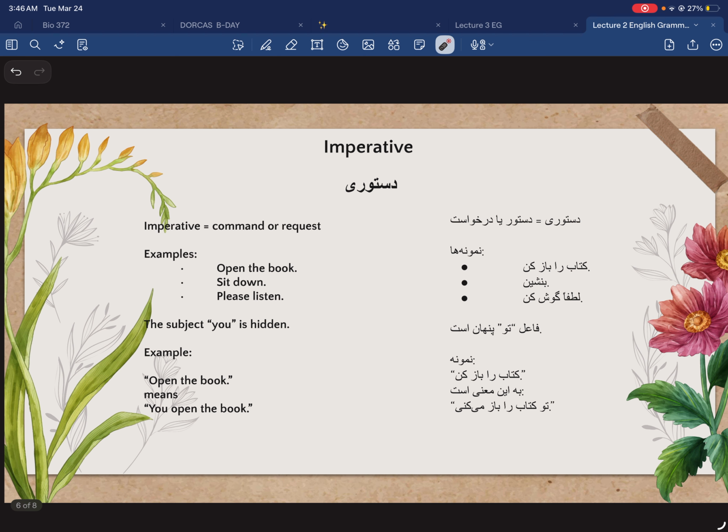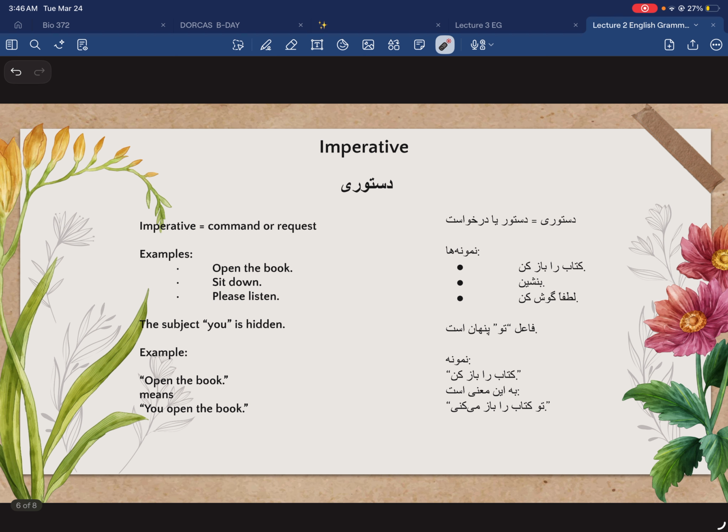For example, the sentence open the book is basically saying you open the book. It's a command or request, and the you is hidden.